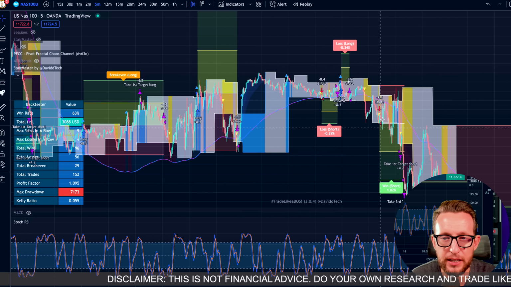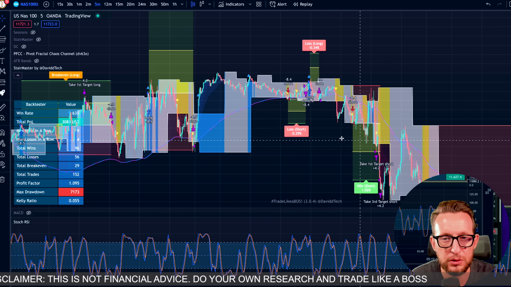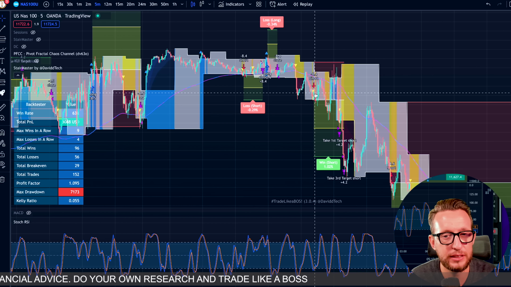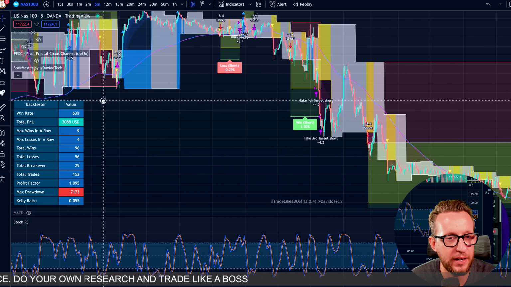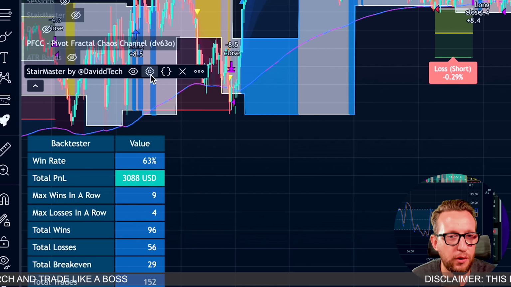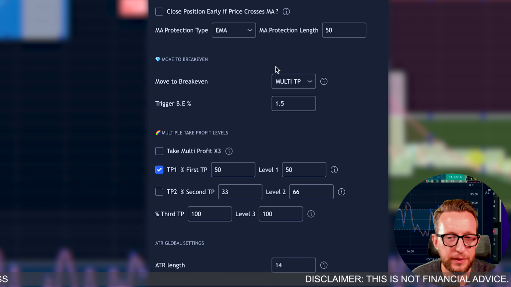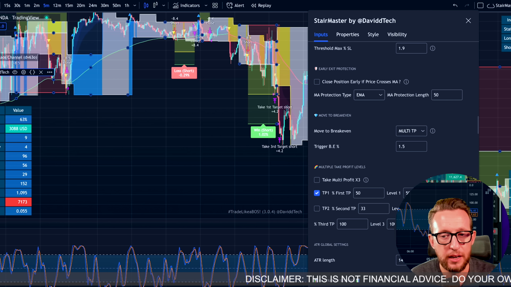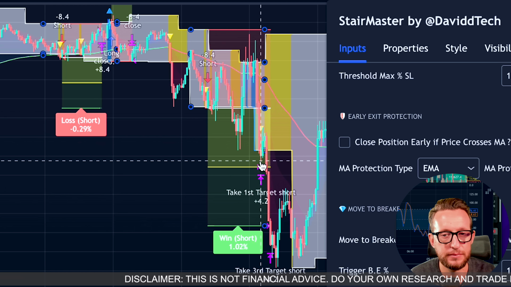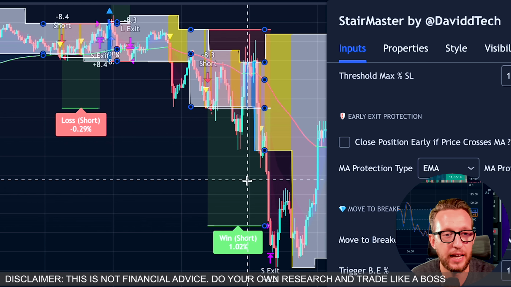As I said, we're currently using multiple take profits. When in TradingView, always be very careful with multiple take profit strategies because they do tend to bump up the win rate. As you can see here, we're at 63%. If I go down here to multiple take profits and take them off, obviously, as we've hit this first win here, we do consider that as a win.